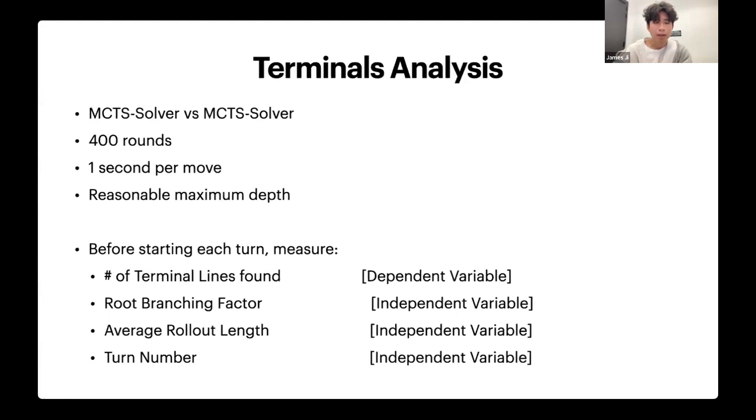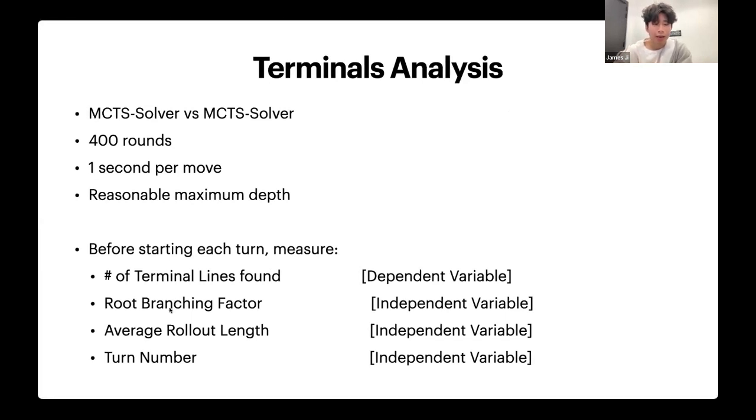So I analyzed the nature of terminal lines. Here are the experiment setups. Before starting each turn, I measured the number of terminal lines found in that position. So I ran a minimax search, and I chose the depth which would allow me to complete the experiment without taking an unreasonable amount of time.